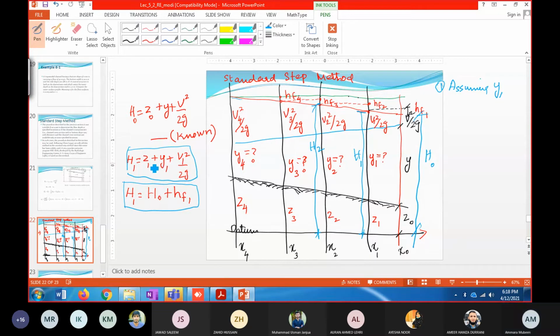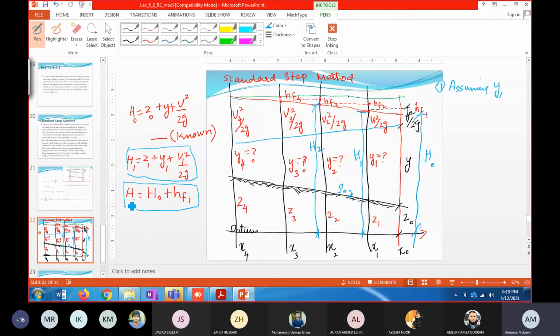Z1 can be calculated using the bed slope given. S naught is given to you, so you can calculate Z1. Then Y1 is assumed, and V1 can be calculated using Y1. So the first step is to assume Y1 and calculate H1.